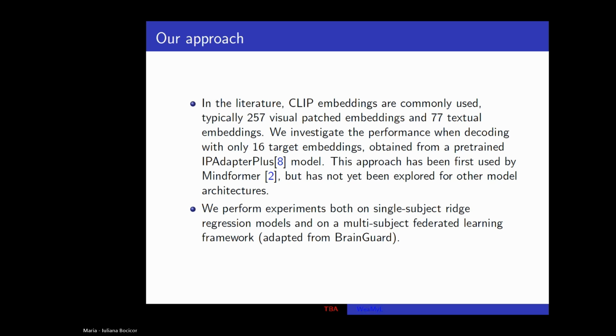I'm going to elaborate further on that later. This was first used by MindFormer, but to the best of our knowledge, they were the only ones to use this approach, and these embeddings were not explored for other model architectures. And we performed experiments on both a single subject regression framework, and we adapted BrainGuard to work with this type of embeddings.